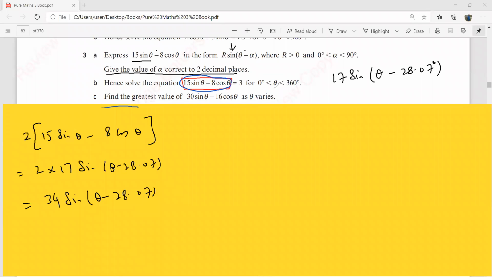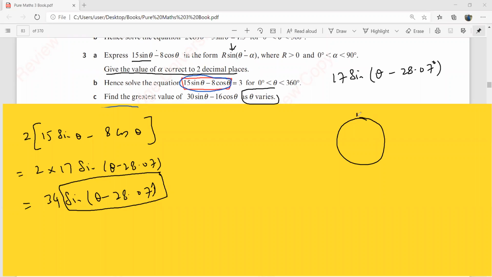It says as theta varies. So you ignore this theta minus 28.07, as if theta can be anything. So what is going to be the greatest value of all of this, guys? What is going to be the greatest value of sine theta? Sine theta is between 1 and minus 1, and the same is the case with cos theta.